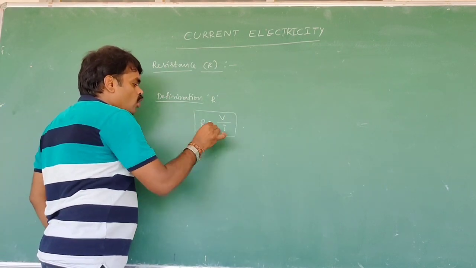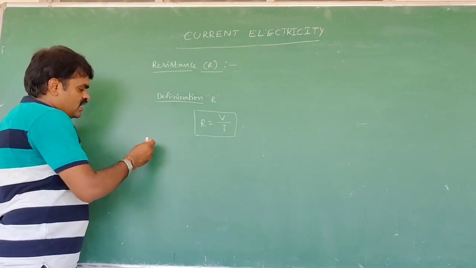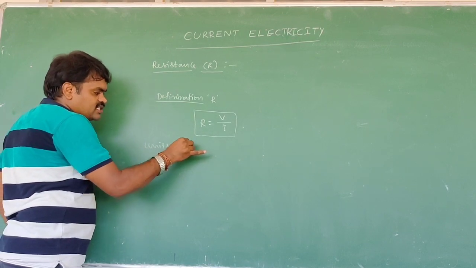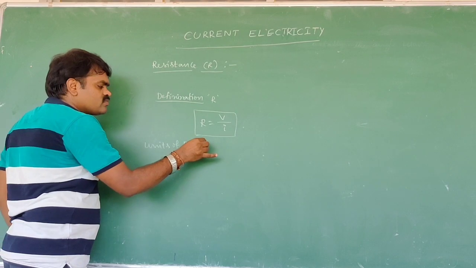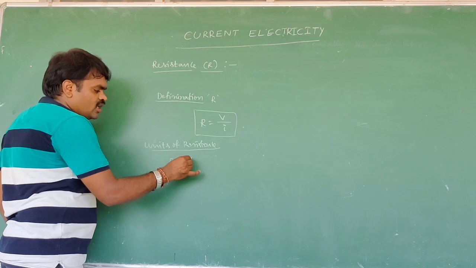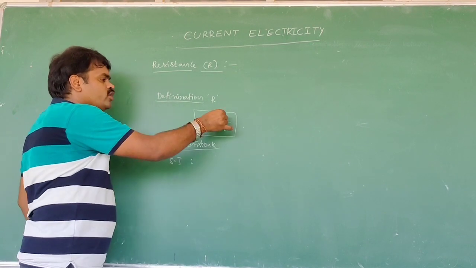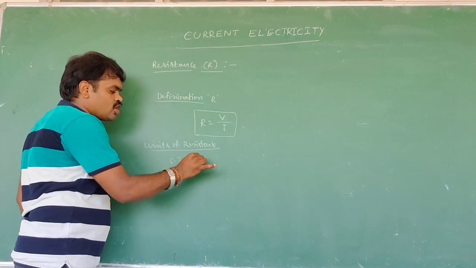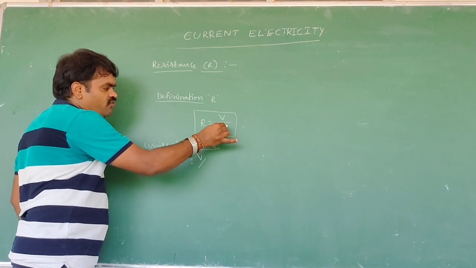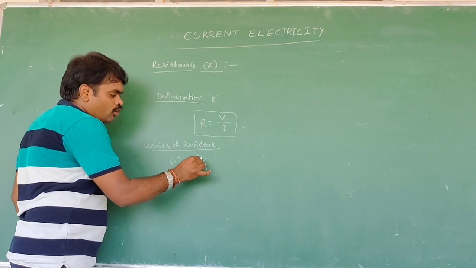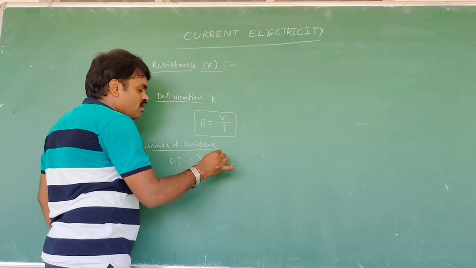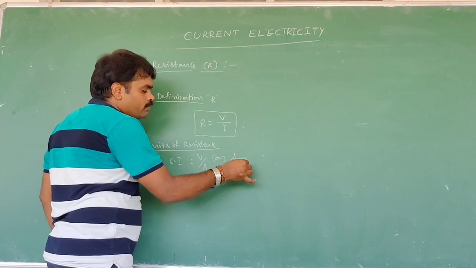Now SI units of resistance. We know the SI unit of potential difference is the volt, and the unit of electric current is the ampere. So volt per ampere, or ohm.